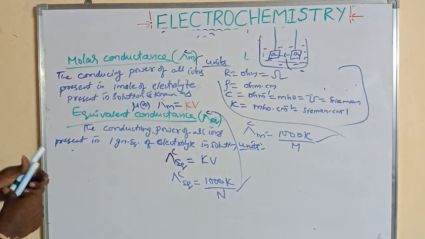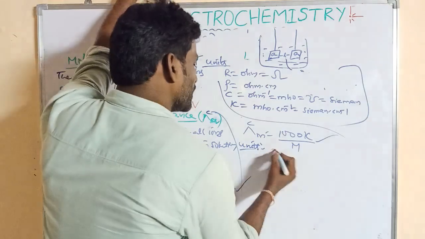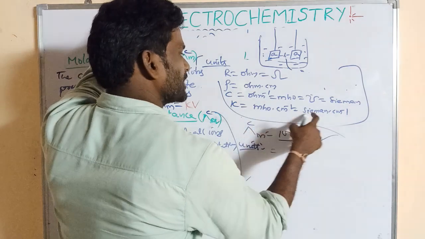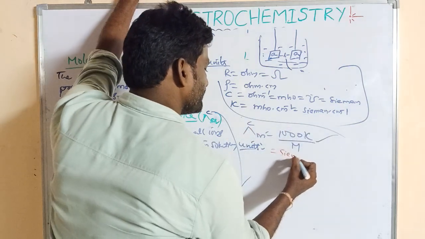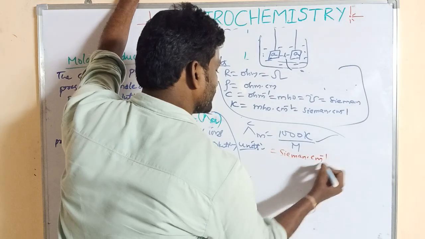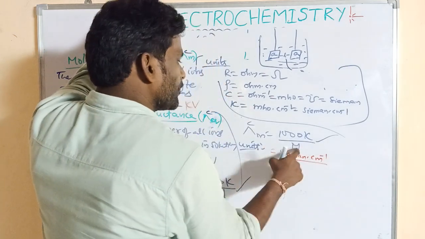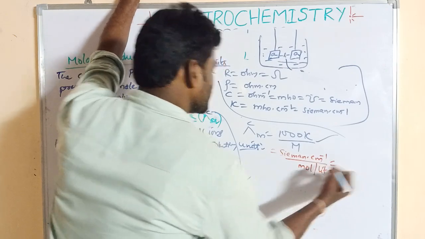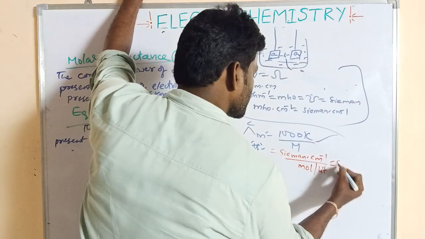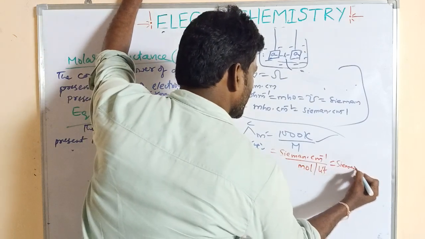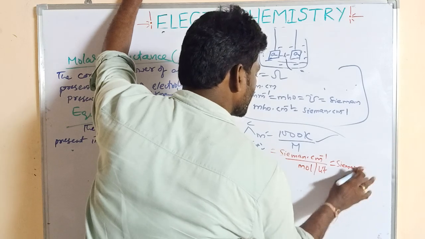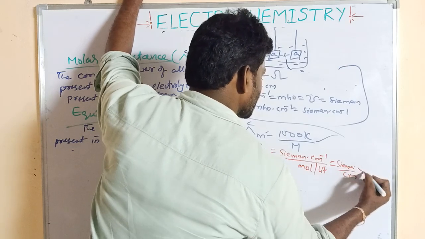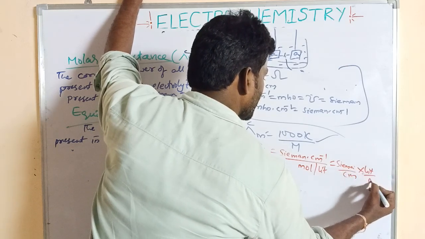The units of molar conductance are kappa by molarity. What is the unit of kappa? Siemens into centimeter inverse. Molarity is mole per liter. Now this can be written as Siemens into centimeter inverse, that means Siemens by centimeter, into liter by mole.